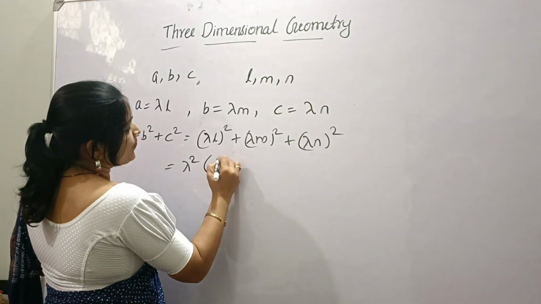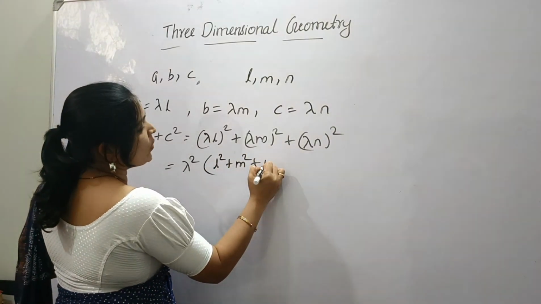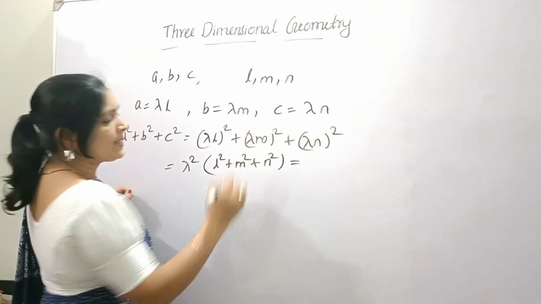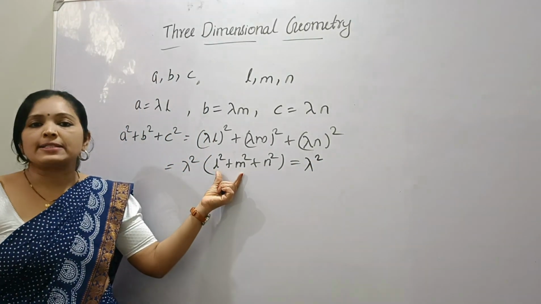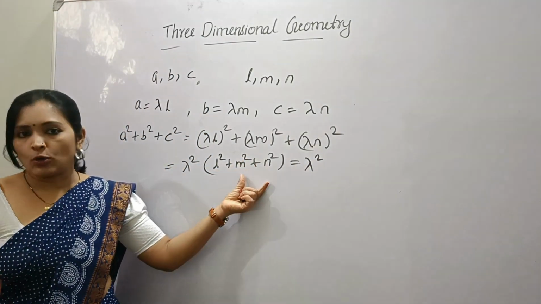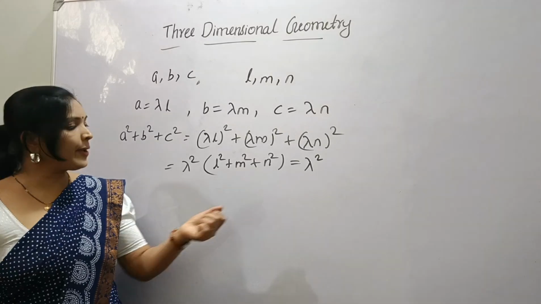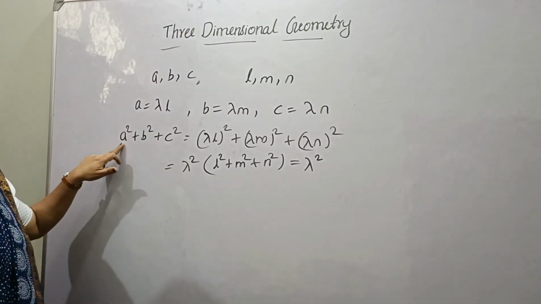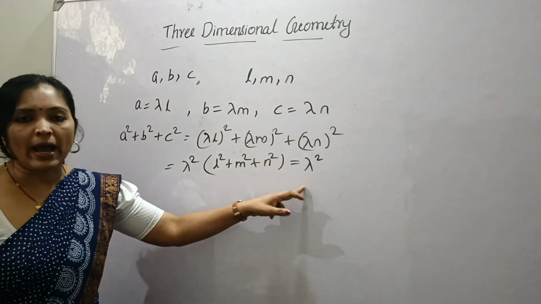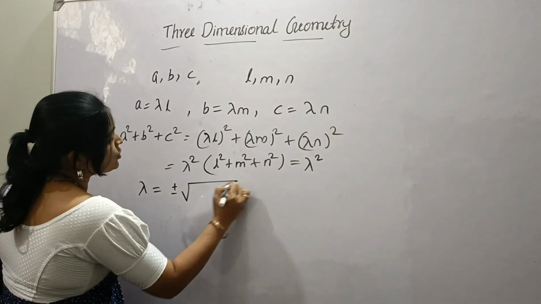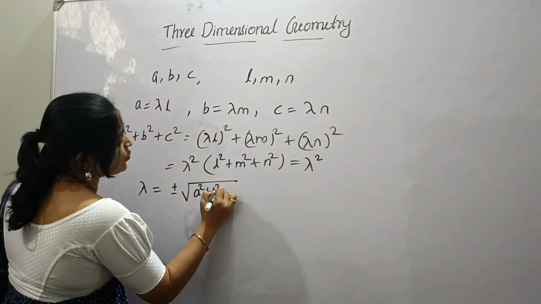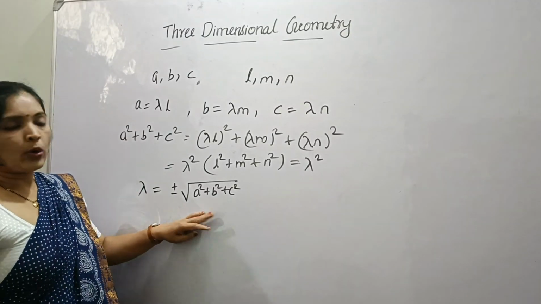So lambda square into l square plus m square plus n square, that is equal to lambda square. Why? Since l square plus m square plus n square is equal to 1. So we have got a square plus b square plus c square is equal to lambda square. Therefore lambda is equal to plus or minus square root of a square plus b square plus c square, right?